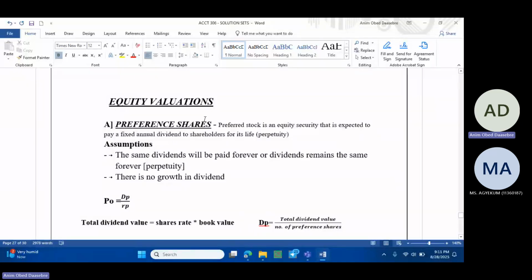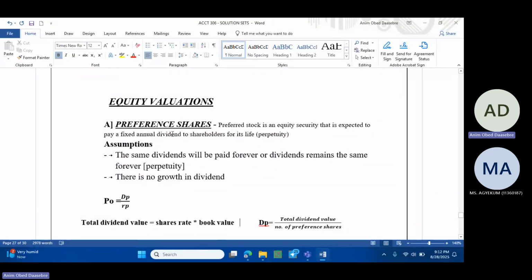The dividend that you are going to pay the shareholders will not change or vary. So if today we pay a dividend of 20 cedis to shareholders, the next year you pay the same 20, the following year the same 20, no change.